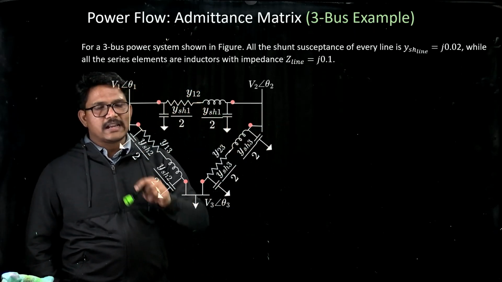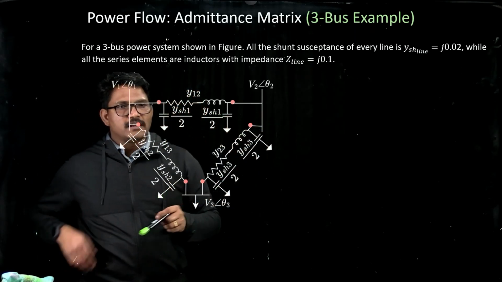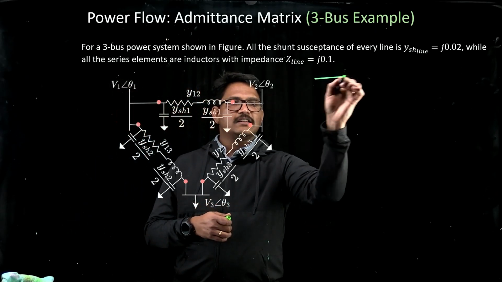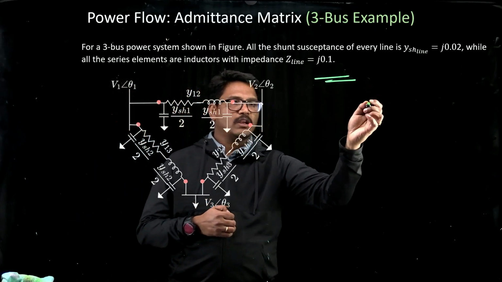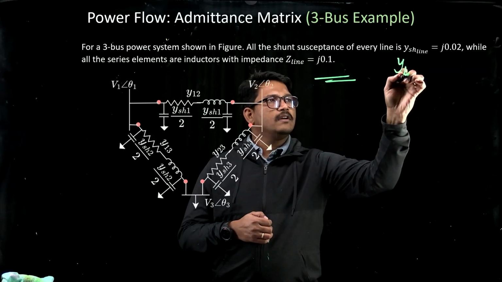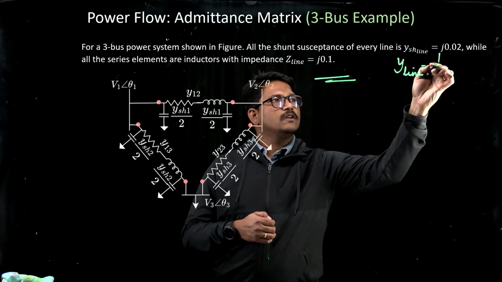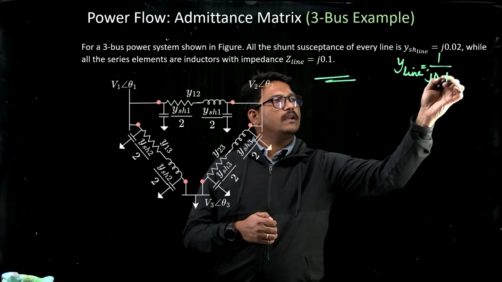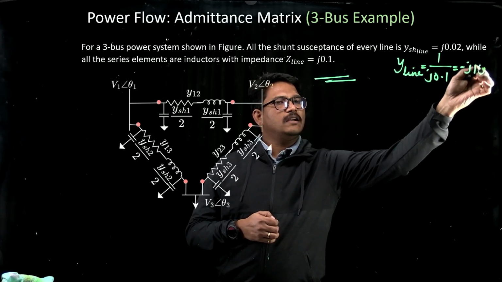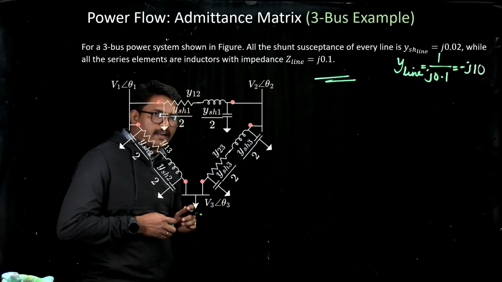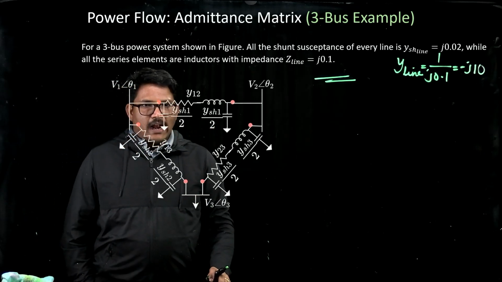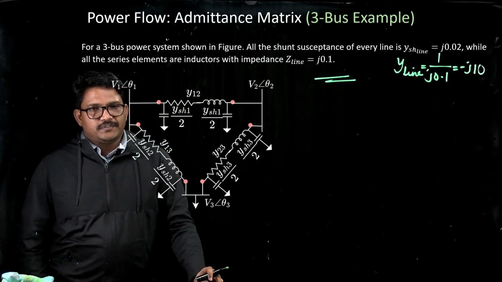In order to get the admittance bus matrix, we need to first change that series impedance into an admittance. If you do that, the admittance of the line is 1 upon j0.1, which is minus j10 for us.